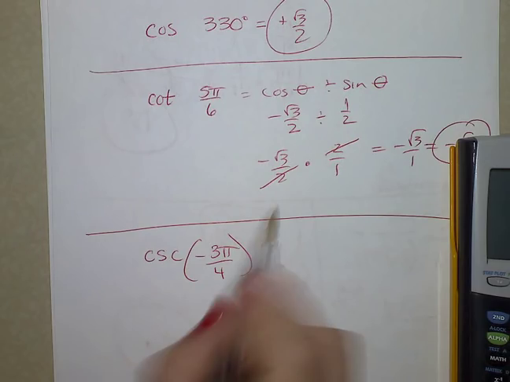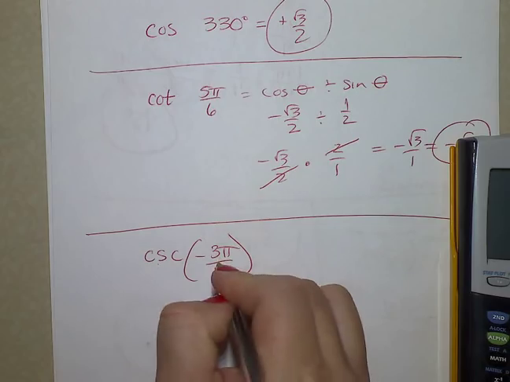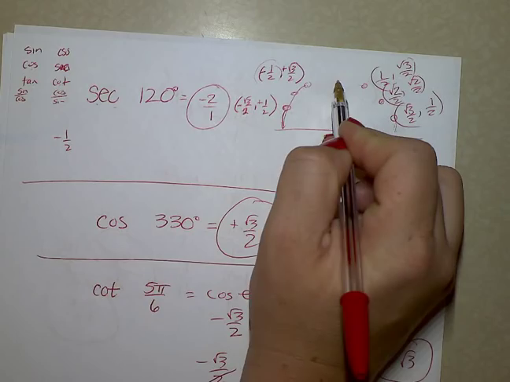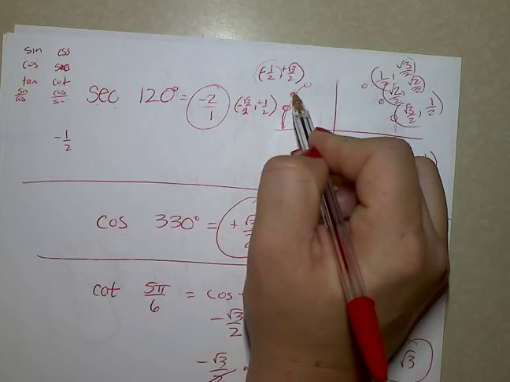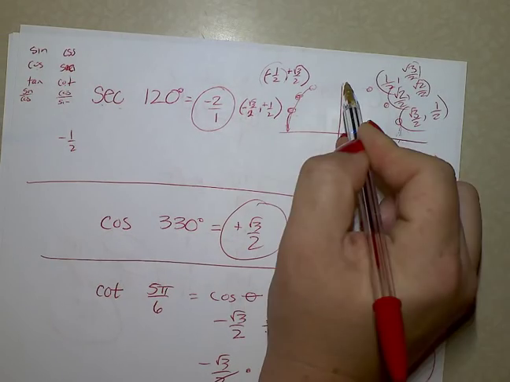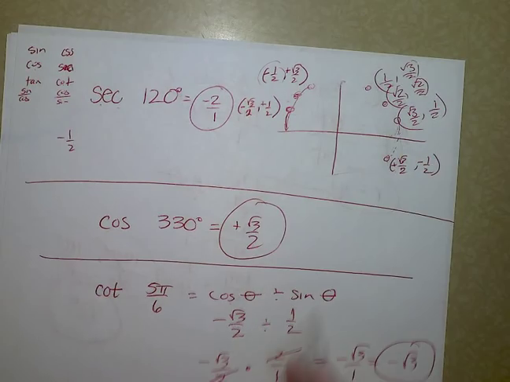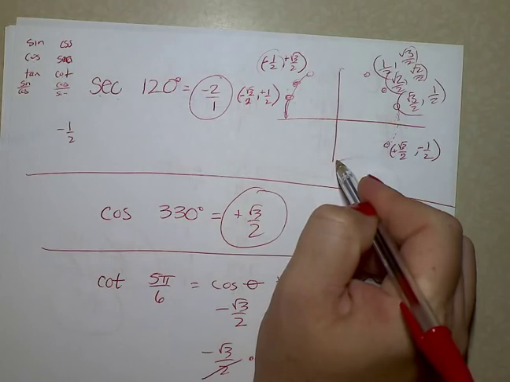First of all, let's figure out where 3 pi over 4 is. 1 pi over 4, 2 pi over 4, 3 pi over 4. This is positive 3 pi over 4. I just went 90 plus an additional 45 going upwards. But because it's negative, I have to go 90 plus an additional 45 downwards.